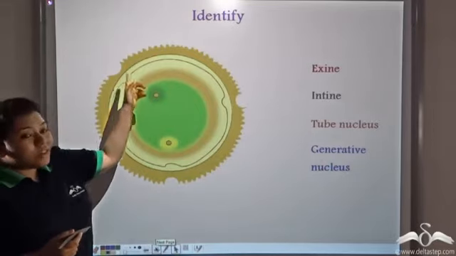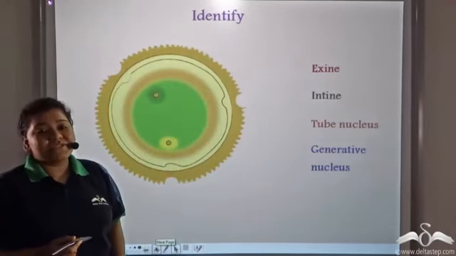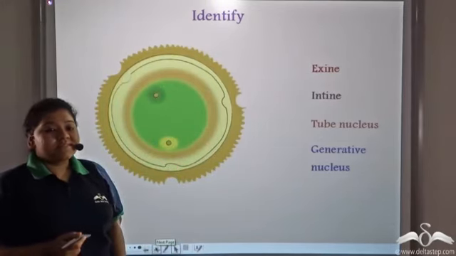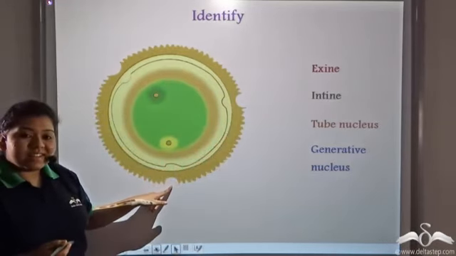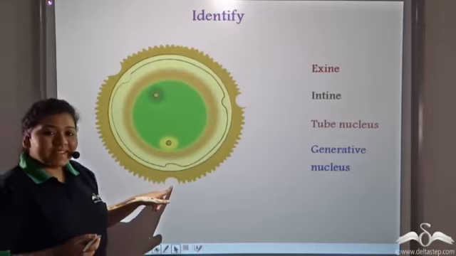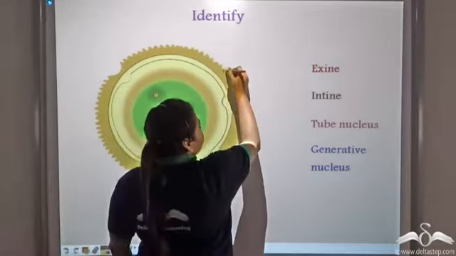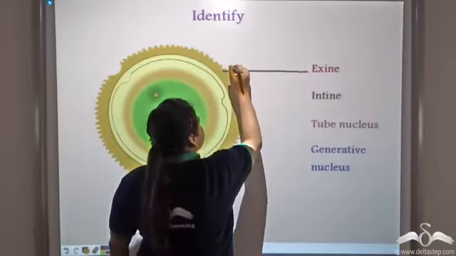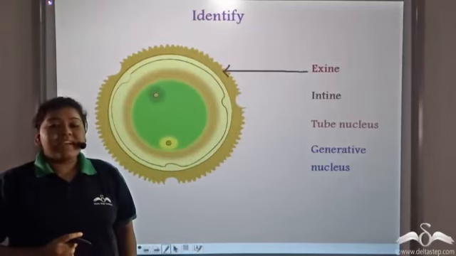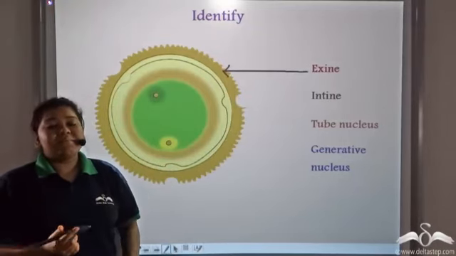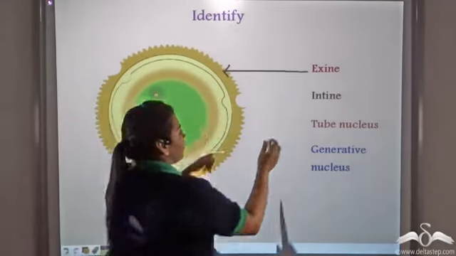So, this is a pollen grain. Now, try and identify the different parts of it. The hard external covering of a pollen grain is known as, yes, it is known as the exine. The inner flexible bladder-like layer is known as the intine.